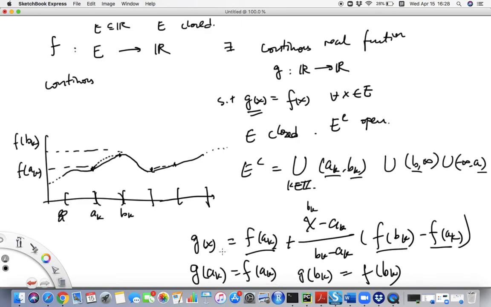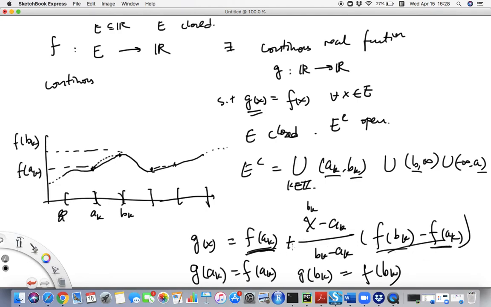So the function g thus defined agrees with f on the endpoints. Between ak and bk, this is in fact a linear function, because this is nothing but a constant number.